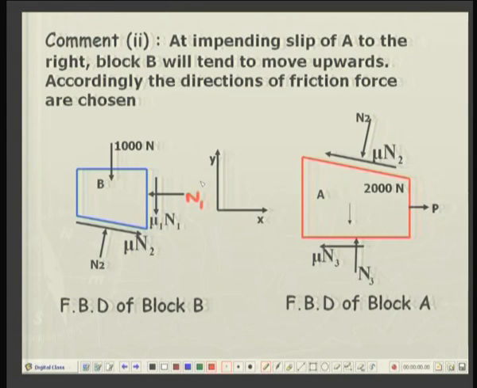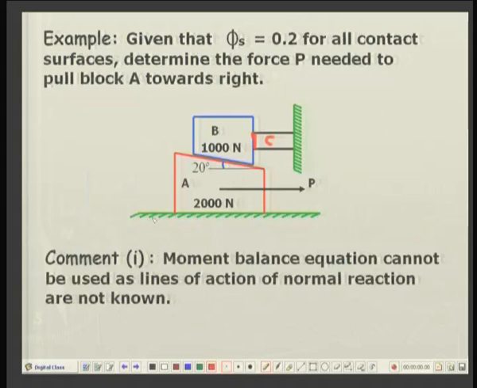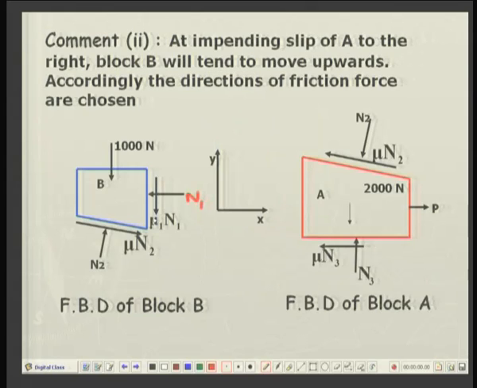Sigma Fy on block B, vertical forces: a downward force of 1000 newtons, a downward force of mu times N1, which is again, because all the coefficients of static friction are equal, 0.2. So, you have 0.2 times N1, that is downward.